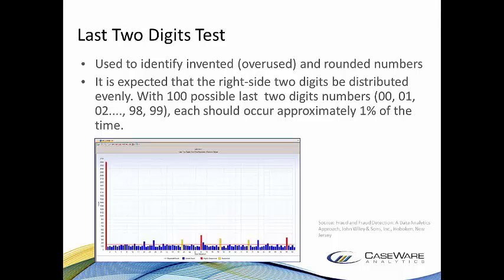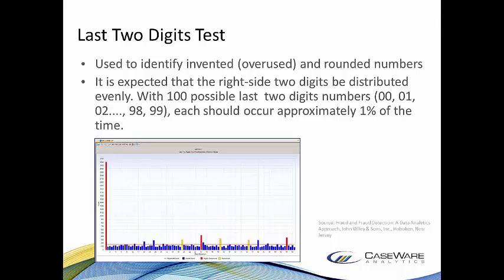Now, it takes the rightmost two digits and calculates the distribution. In the graph, the distribution is expected to be flat, the horizontal red line that you see. And this is from an accounts payable file that had several million records.